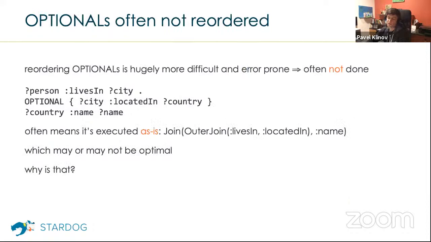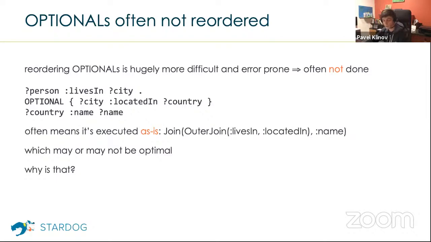Once you've got optionals into the picture, all of that changes. It's amazing how much of that changes. If you have a sequence of inner joins and outer joins in your query, and this is not true only about SPARQL, it's true about SQL as well, then it's hugely more difficult to come up with a sequence which is most efficient to evaluate.